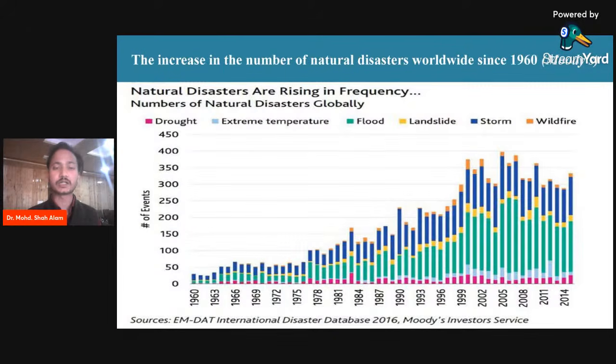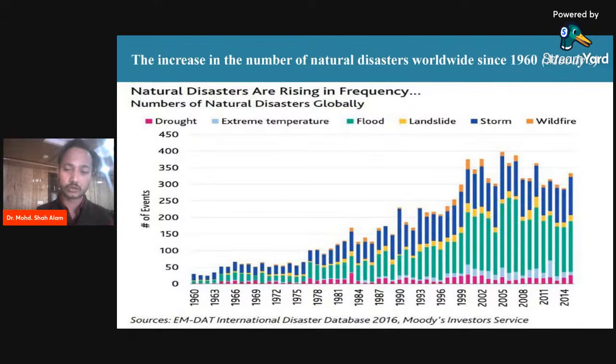This map shows the increase in the number of natural disasters from 1960 to the current scenario. In the following graph, you can see that in 1960 the very least amount of climatic hazard had been happening. Only a small amount of flood or storm. But if you see the map from 2002 to 2024, we can see extreme flooding in areas of the world.